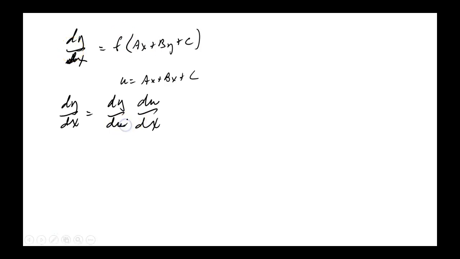There is a u down there. Well, what is dy/du? That doesn't matter, that's what we're going to wind up with. What is du/dx? Well, du/dx is a plus b times dy/dx.